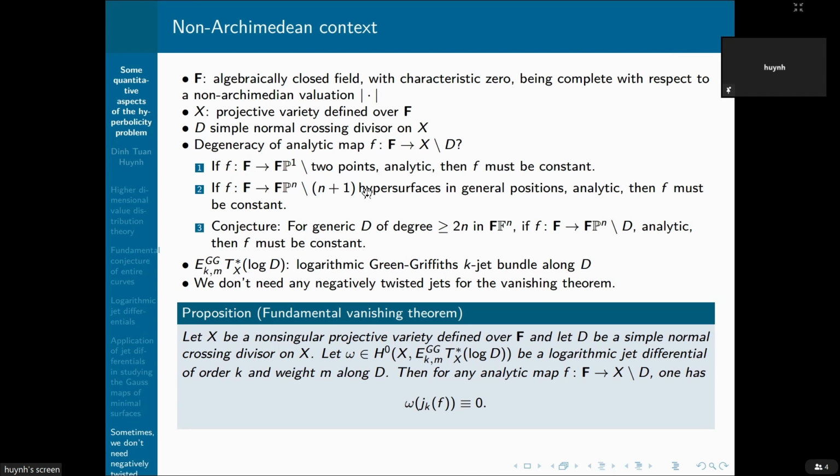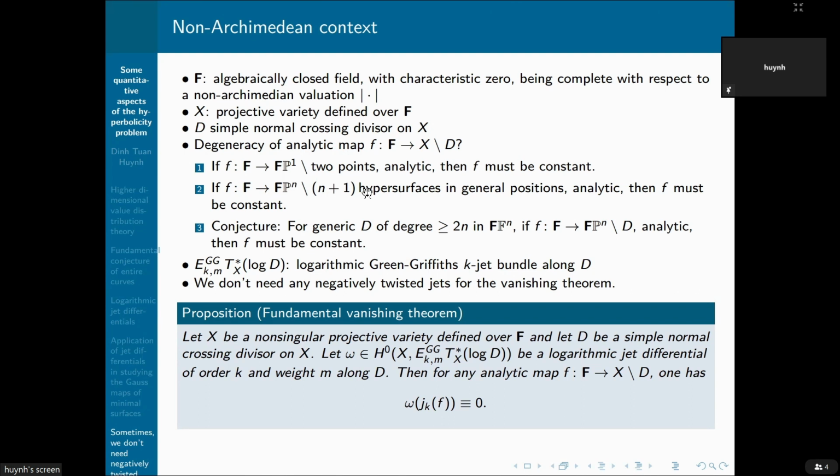We have a lot of analogs between analytic maps and entire maps. For instance, an analytic map from F to P1 avoiding 2 points must be constant. So remember that for the little Picard theorem in the complex setting, the meromorphic map must avoid 3 points.